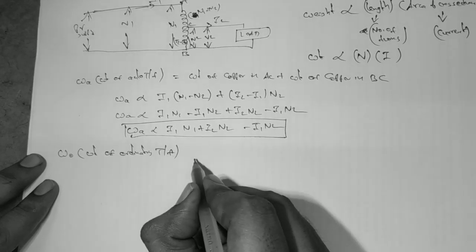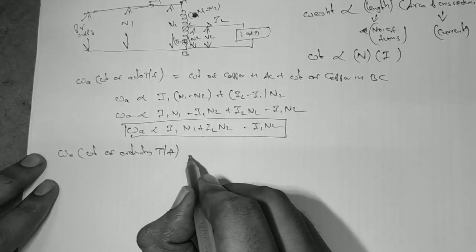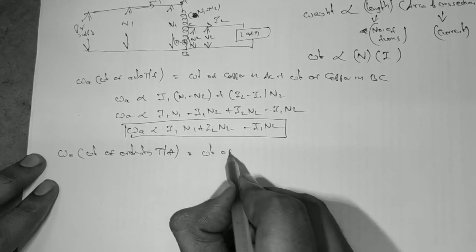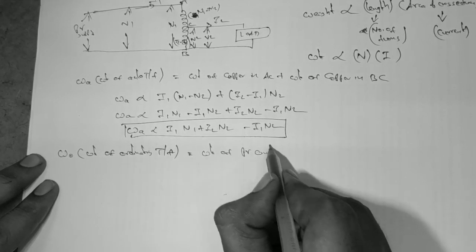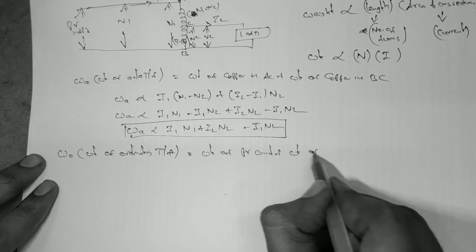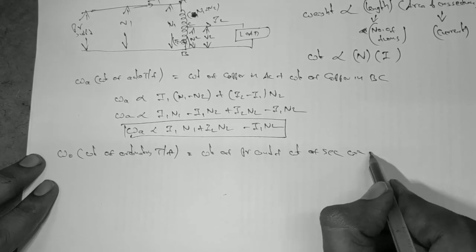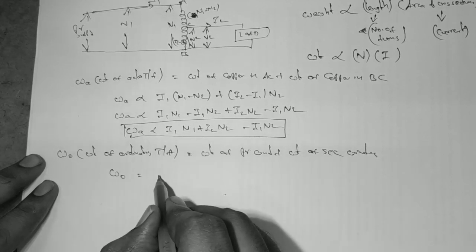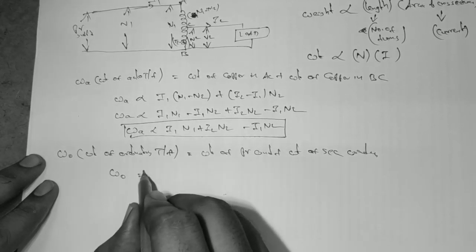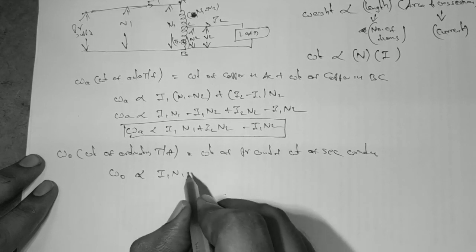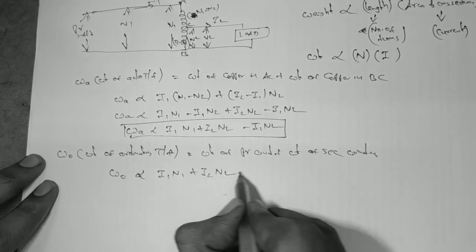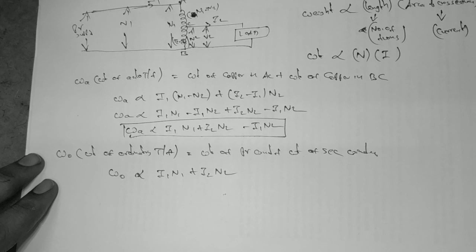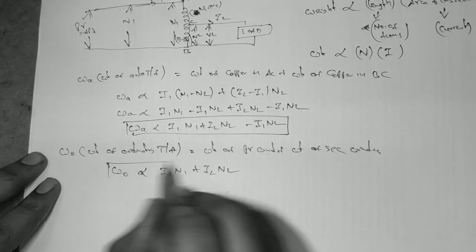So the ordinary transformer weight will be directly proportional to the current in the primary winding times the number of turns in the primary winding, plus the current in the secondary winding times the number of turns in the secondary winding. So WO is proportional to I1 N1 plus I2 N2. This is the second equation.